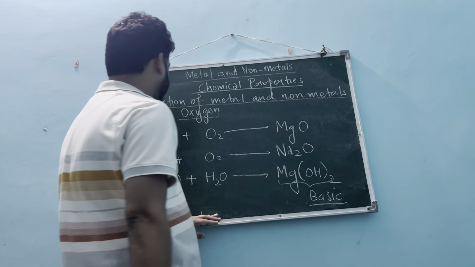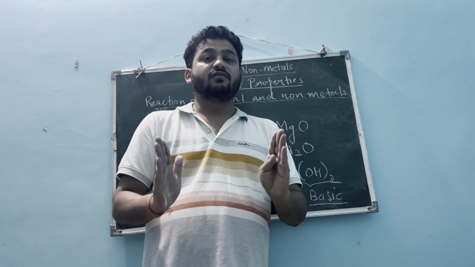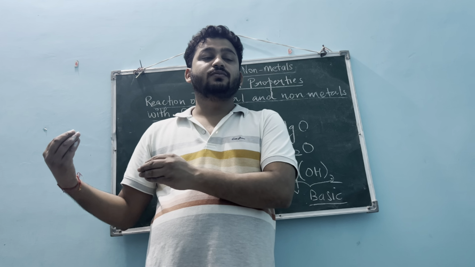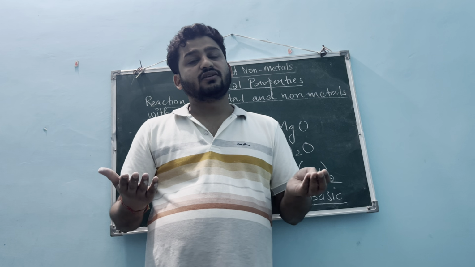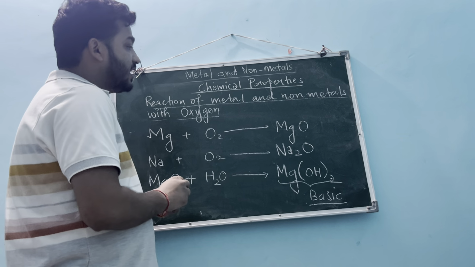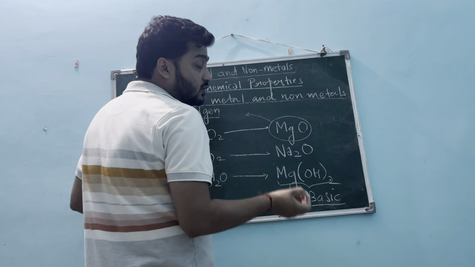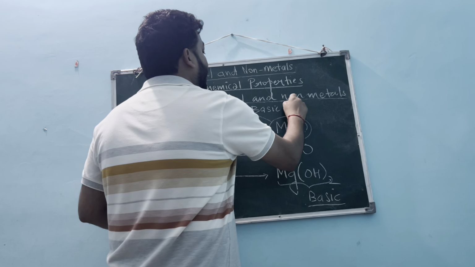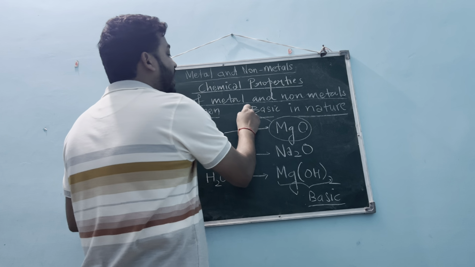So all the metals, when they react with oxygen, form their metal oxides, and when metal oxides react with water, they form metal hydroxides. So finally we can say that metal oxides are basic in nature because they form hydroxides.